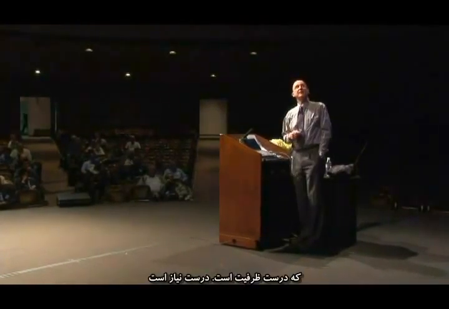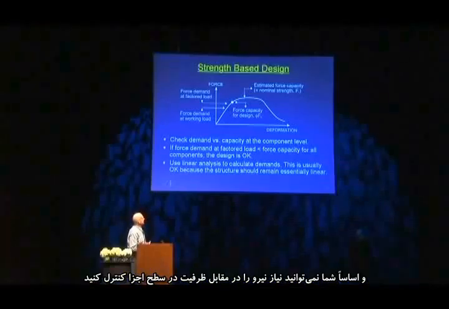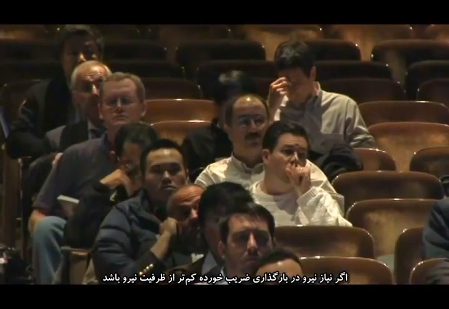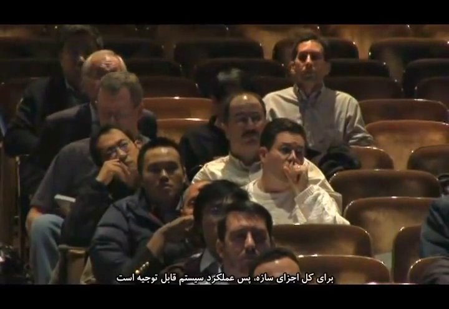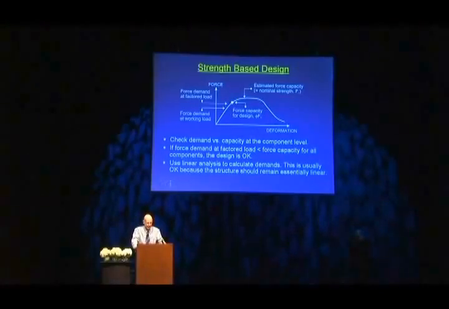On the demand side, you could calculate the force demand at working load somewhere here, apply a load factor to get the force demand at the factored load, and basically you're going to check force demand versus force capacity at the component level. If the force demand at the factored load is smaller than the force capacity for all of the components of the structure, then your performance is satisfactory.